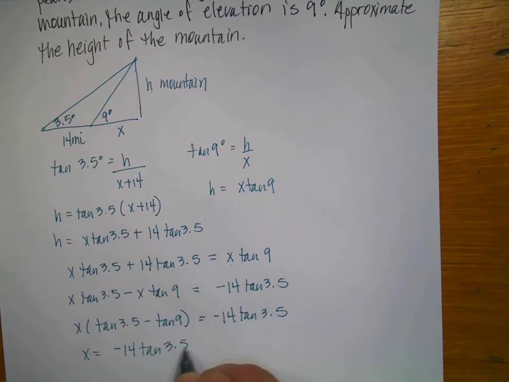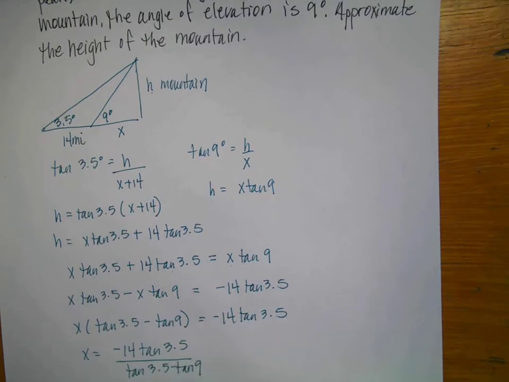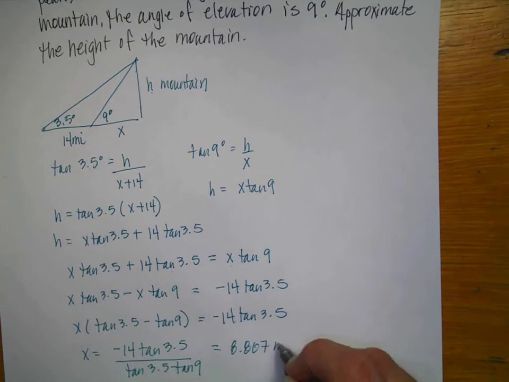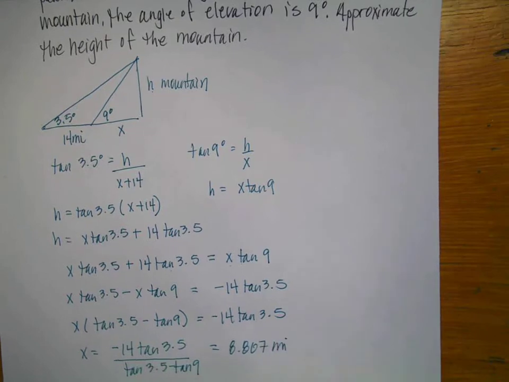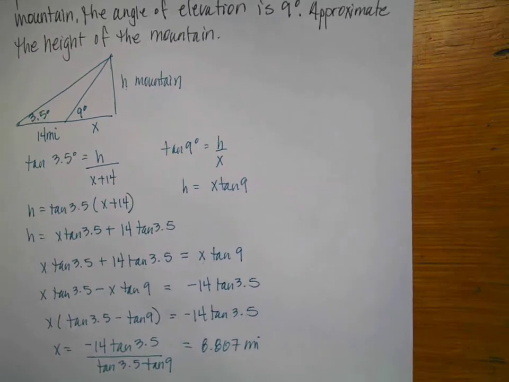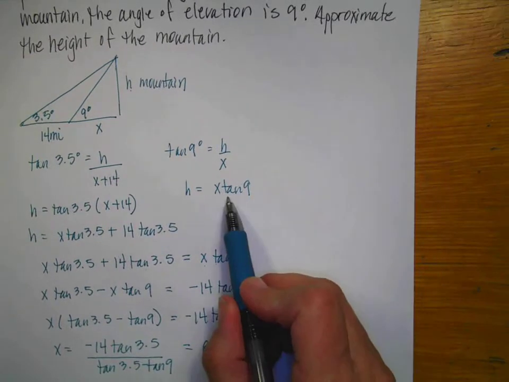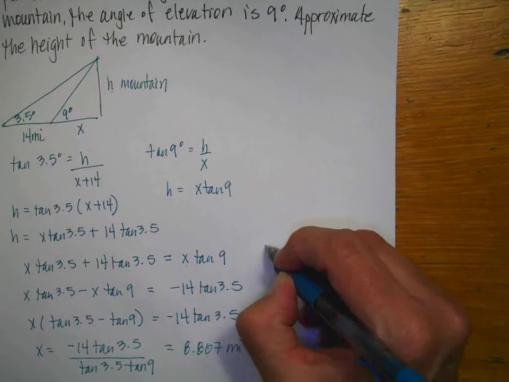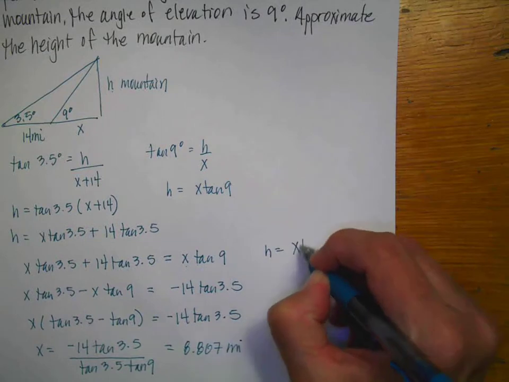There it is. Negative 14 tangent 3.5, I'm going to divide it by the tangent of 3.5 minus the tangent of 9. And when I do that math, you get that your x is equal to 8.807 miles. But remember, the goal is to solve for h, so I'm going to substitute it back into an equation.